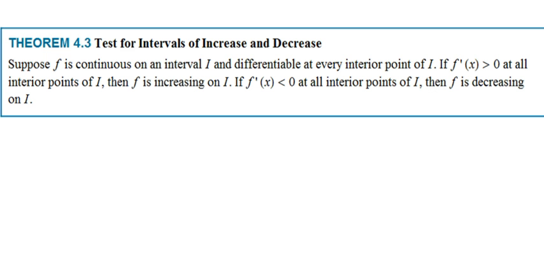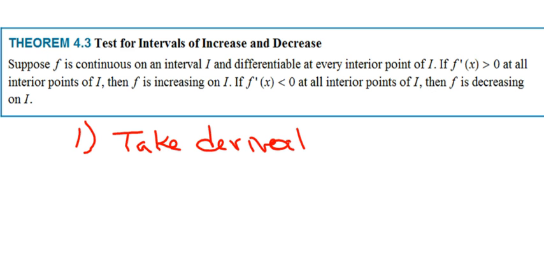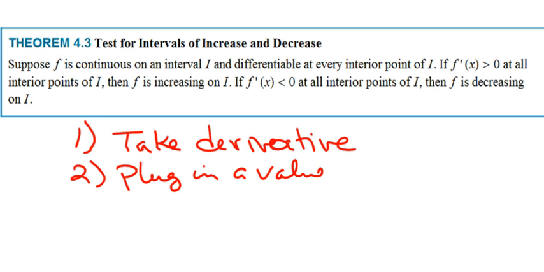So what we want to do, our steps, is 1, we're going to take the derivative of the function. 2, we're going to plug in a value into the derivative, the f of x prime, and then we're going to check for positive and negative.